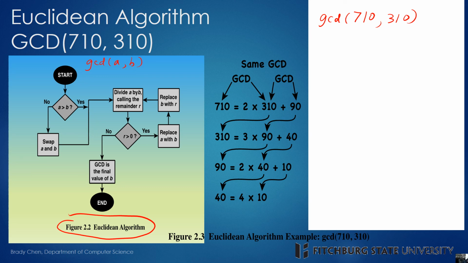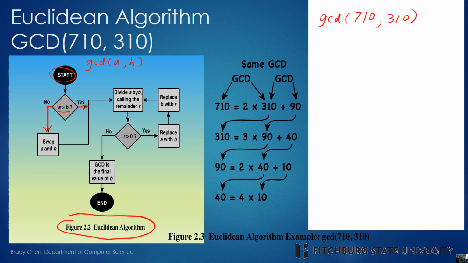So let's say we start from here. We first check the value of A and B. If A is greater than B, we don't do anything.